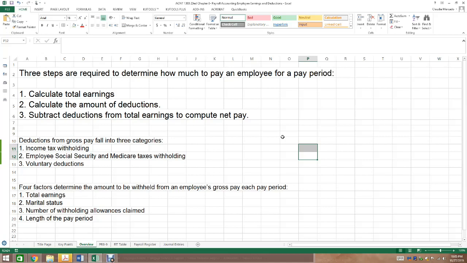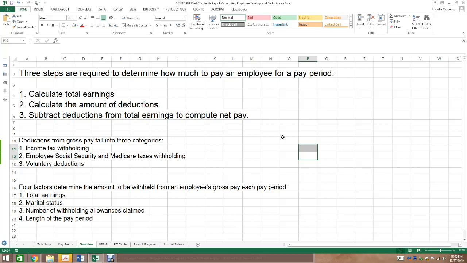Maybe you're paying for your vision, medical, dental, any kind of supplementary short-term disability insurance. Maybe you're investing in your 401k. There's just so many deductions that are available out there that can be included. So we have to identify the deductions for each of the employees and deduct it from our total earnings.